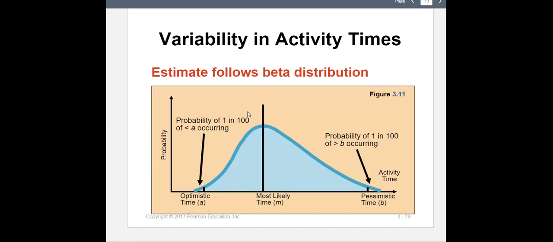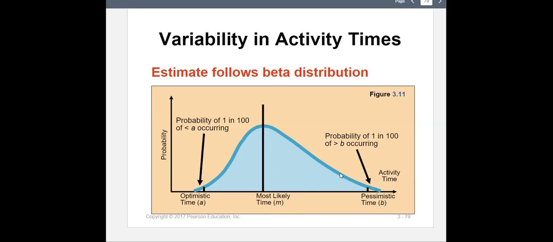And that's how it looks. Of course, this is not normally distributed, this is skewed, but let's say this is like a normal distribution. That's your lower bound, that's A, optimistic. And that's your upper bound, pessimistic. And that's your most likely, could be your average or median, the middle.